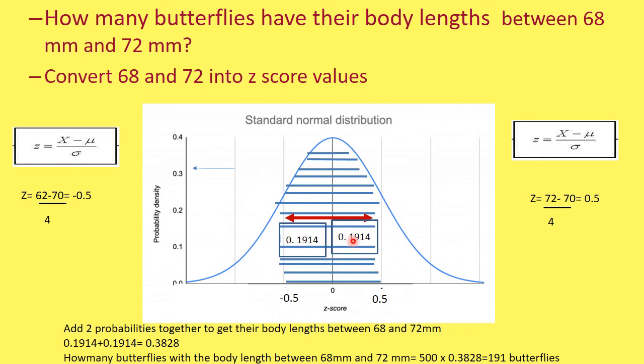Then we need to add these two together to find in between 68 and 72 millimeter body length. The answer is 0.3828. Then to get the number of butterflies with body length between 68 millimeter and 72 millimeter, we need to multiply this by 500. Then we are getting about 191 butterflies.